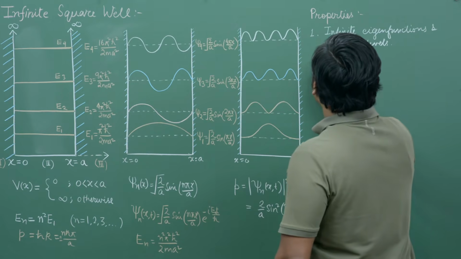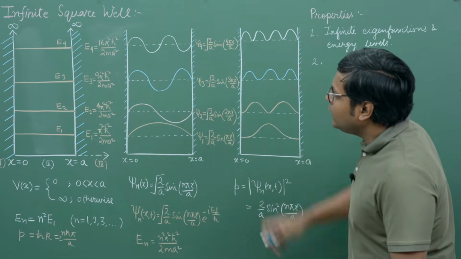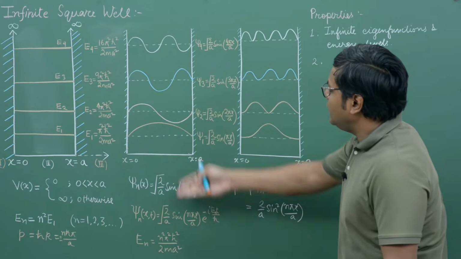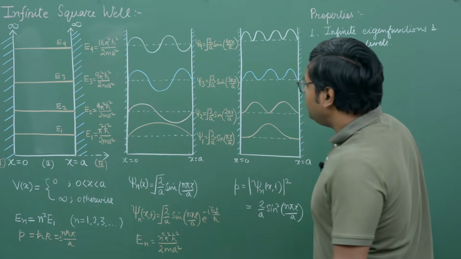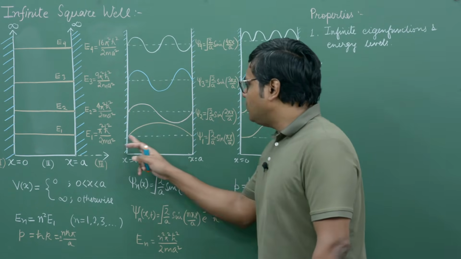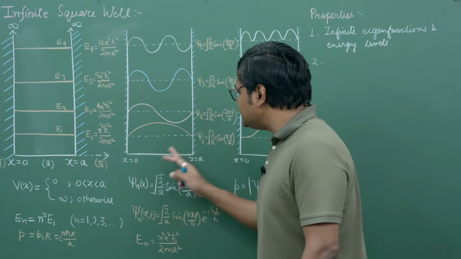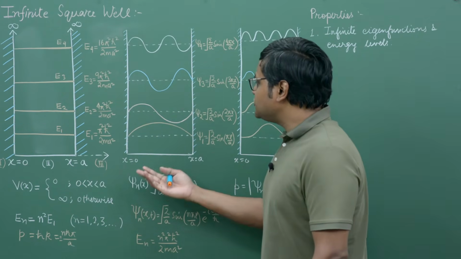Now, if you go from n equal to 1, 2, 3 and on, you see something interesting in the physical representation of the eigenfunctions. If you ignore the boundary points, the eigenfunction has to go to 0 at the boundaries, that is x equal to 0 and x equal to a, because at the boundaries the potential is infinite.